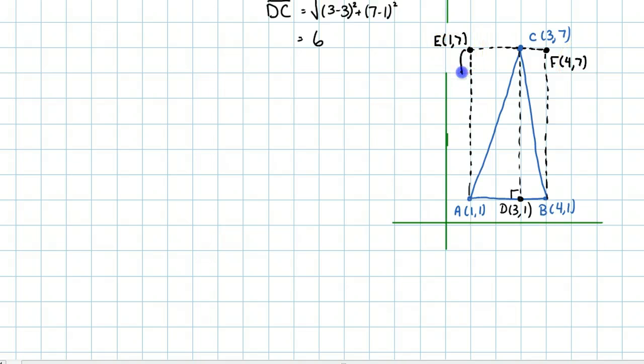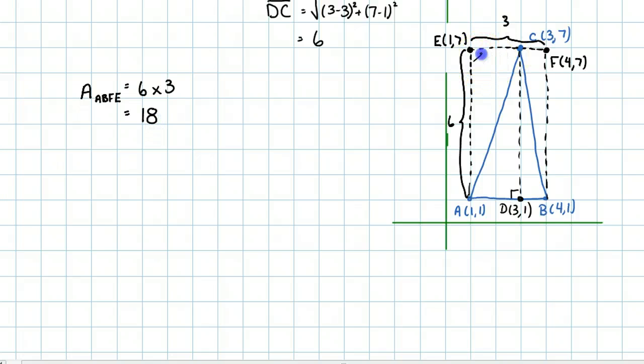Well, we can see this is pretty easy. This is a height of 1, 2, 3, 4, 5, 6. And this is a length from here to here, 1, 2, 3. So we know the area of ABFE is going to be 6 times 3, which is equal to 18.